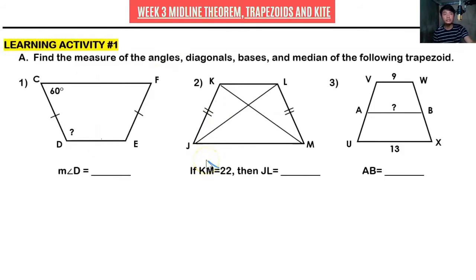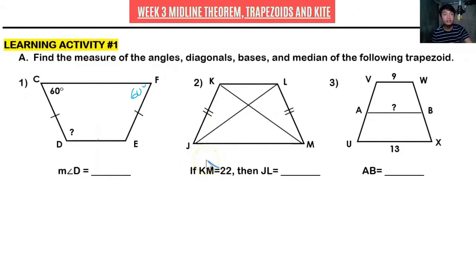Sabihin, kung 60 ang angle C, angle F must be equal to 60 degree. Kasi, they are congruent. Ngayon, ang hinahanap natin ay si angle D. Okay? So, the measure of angle D, ano kaya yung pwede nating magamit na theorem dito?